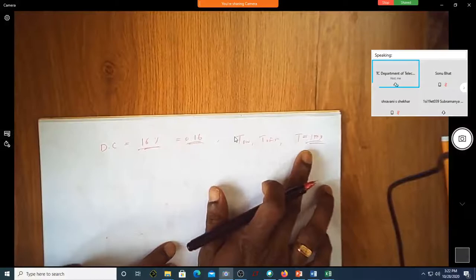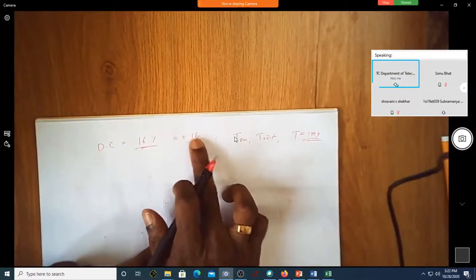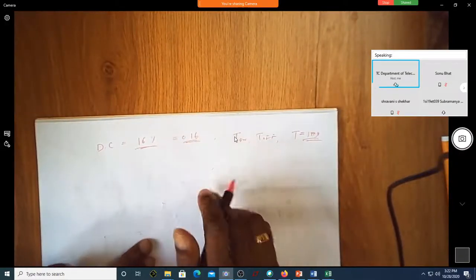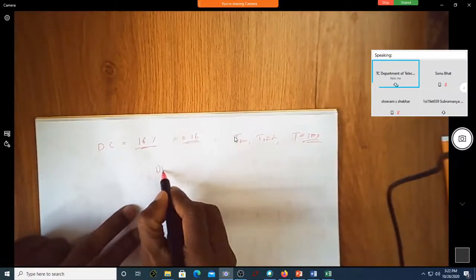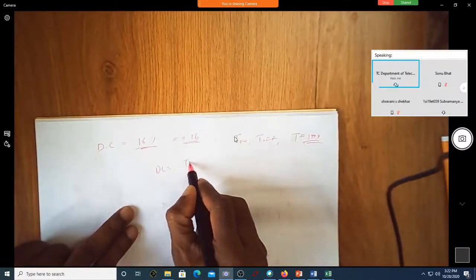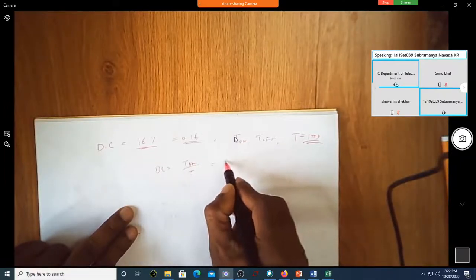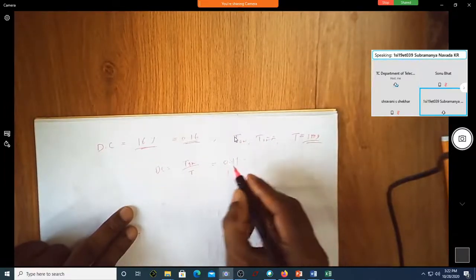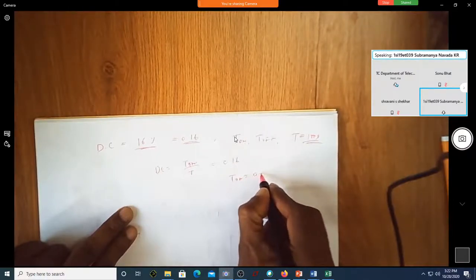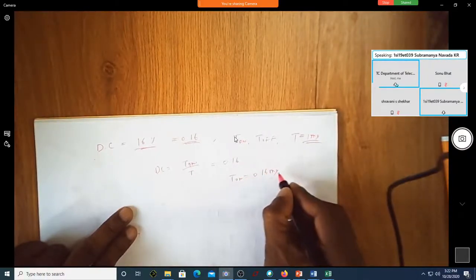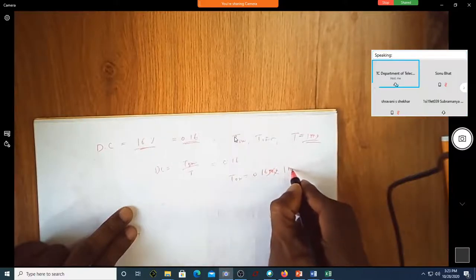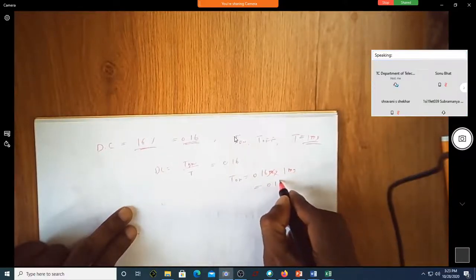If the total time is 1 millisecond, duty cycle is T on by T, equal to 0.16. So shall I say T on is equal to 0.16 into 1 millisecond, or 0.16 milliseconds?